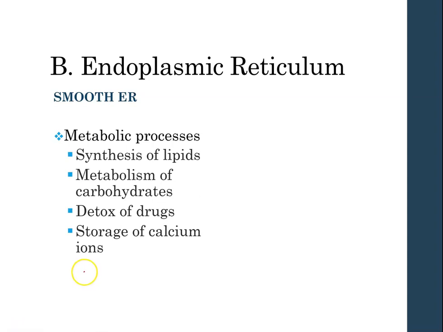The smooth ER are the tube-shaped sections of the endoplasmic reticulum, and its function is related to metabolic processes. So in the smooth ER, we get synthesis of lipids, we get metabolism of carbohydrates, so processing of carbohydrates, whether we're building them or breaking them.